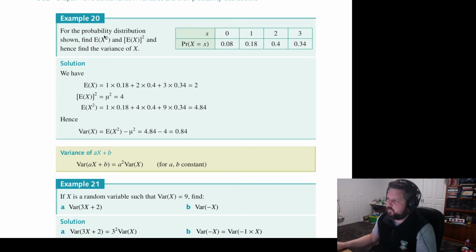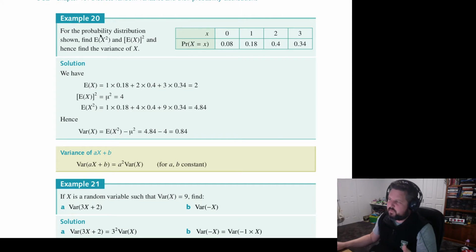On the other hand, when we want to find out what the expected value of x squared is, what we need to do is obviously square this value before we do that multiplying. So obviously here, 0 squared times that, it's just still 0. 1 squared is 1 times that. 2 squared is 4 times that. 3 squared is 9 times that. Sum them or add them together, we get 4.84.